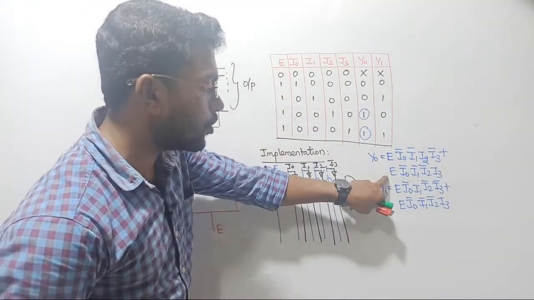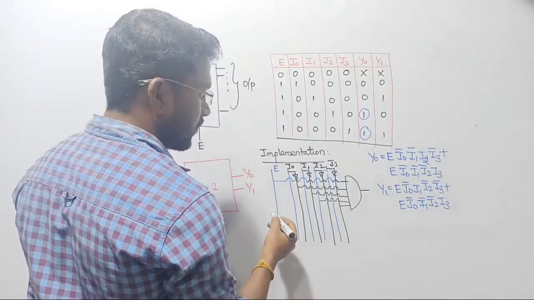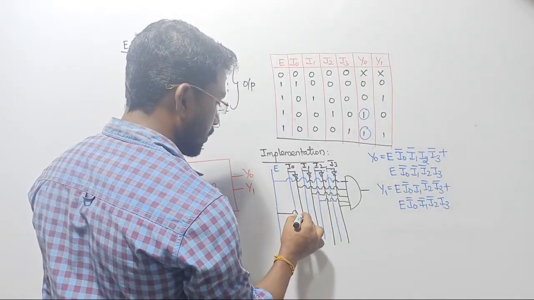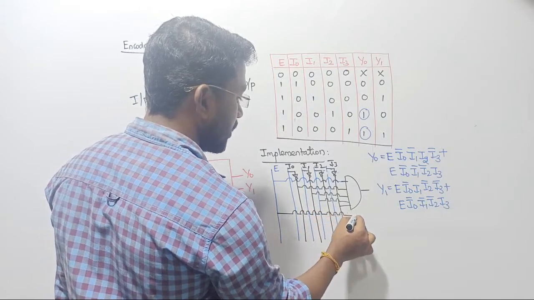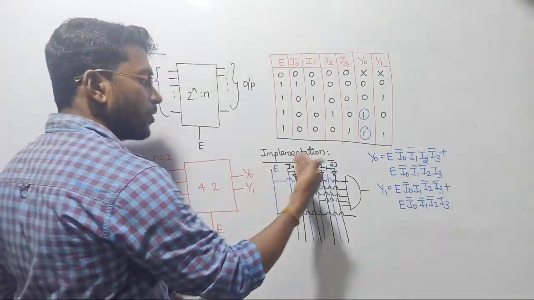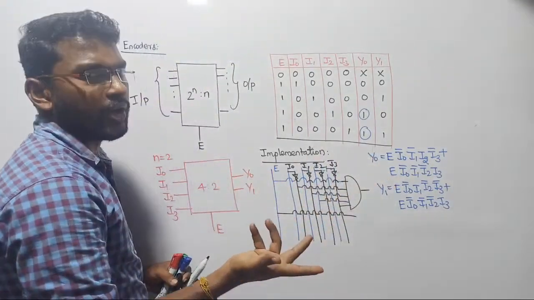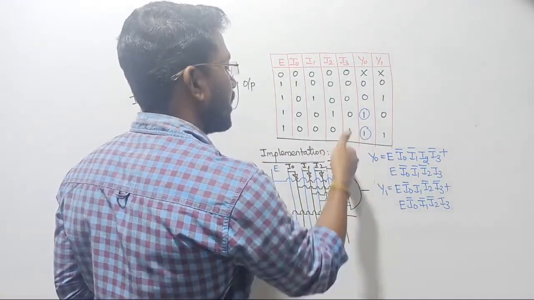Similarly, we have to talk about the second term, E into I naught bar, I1 bar, I2 bar, right? So let us see, where is E? This is E. Of course, this is going to be E. A better choice is to keep this enable pin on this side, such that this lengthy wire is not required. Again, cost will be minimized. So we can directly take the enable line from this point.